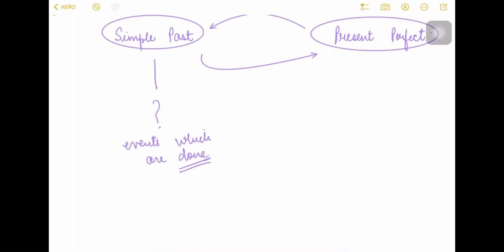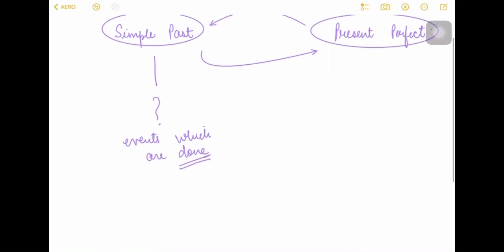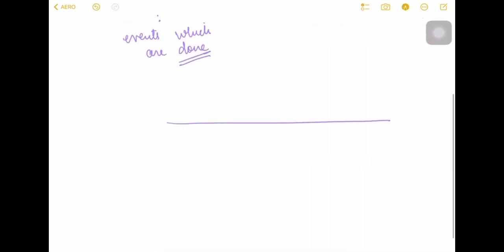To explain this, I'm going to draw a timeline. Let's say this timeline represents the movement of time. On the left side, we have the past, and on the right side, we have the present time. An event in the past would be something like this.